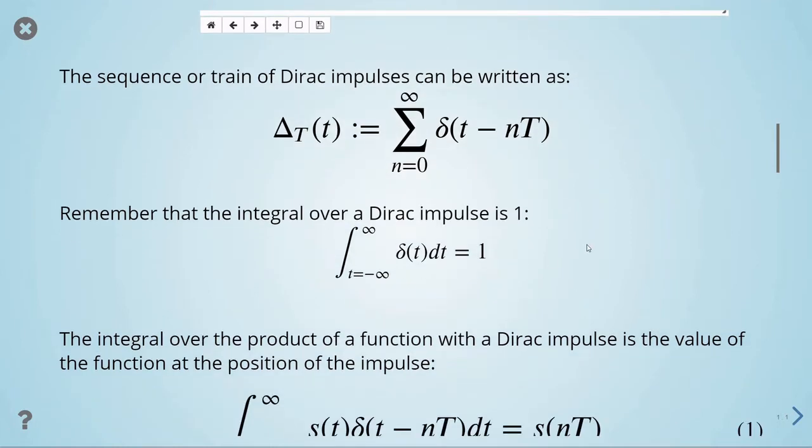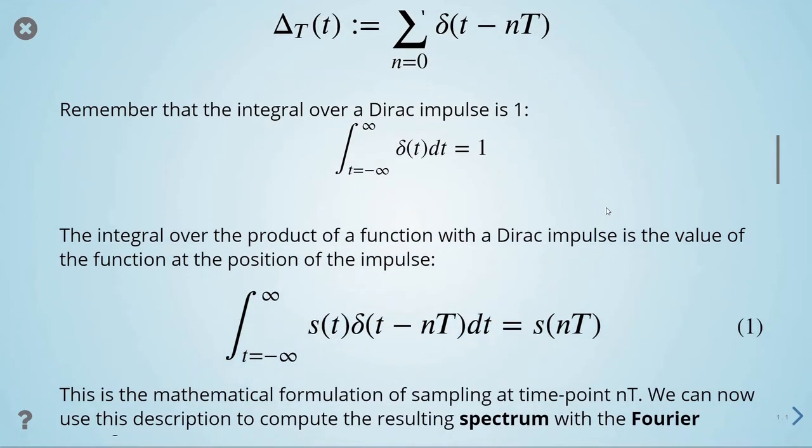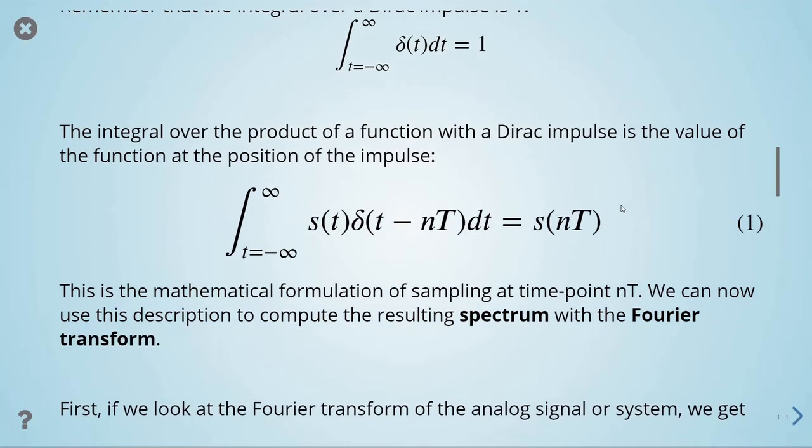And the integral over the product of a function with a Dirac impulse is the value of the function at the position of the impulse. This is a very important property. So this is the mathematical formulation of sampling at time point n times capital T.